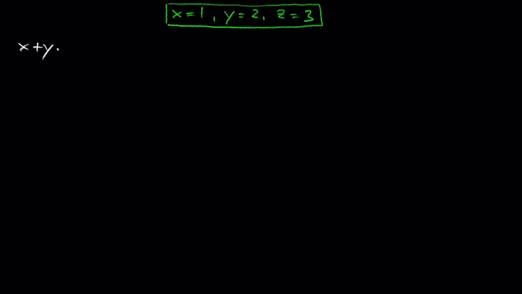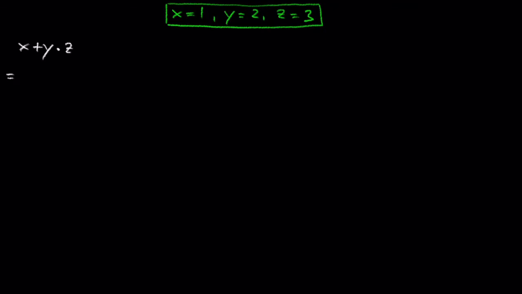Let's do some more examples with these rules. Let x be equal to 1, y be equal to 2, and z be equal to 3. Let's start with x plus y times z.